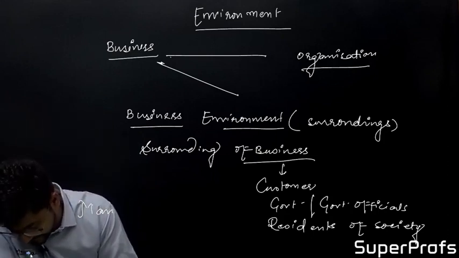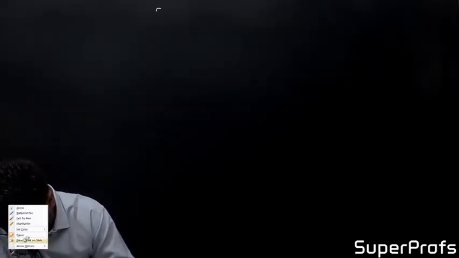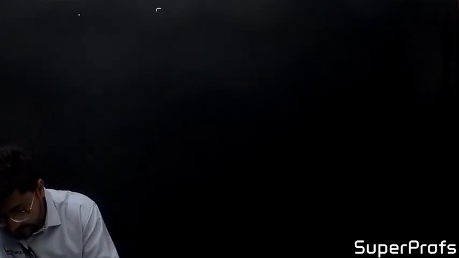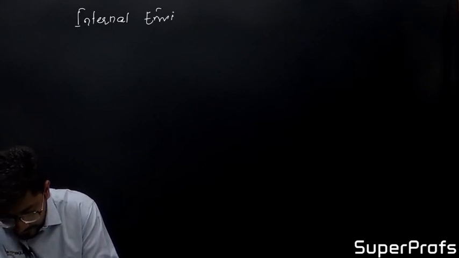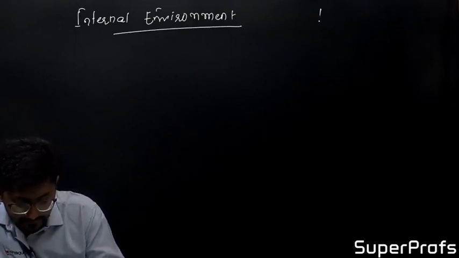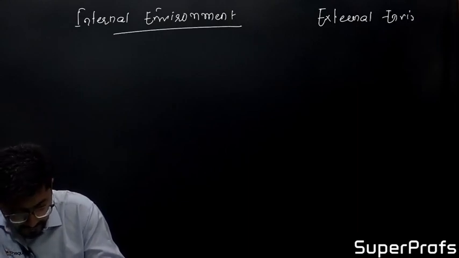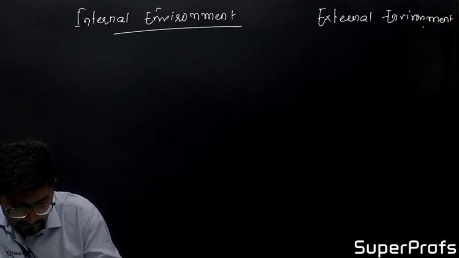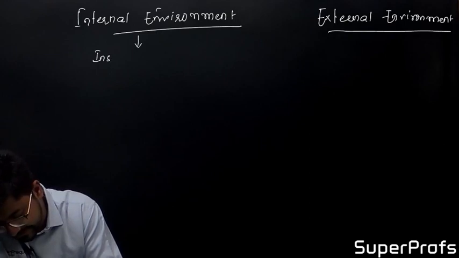Business environment comprises many factors: internal factors, or we can say the internal environment, and the external environment. First look at what the internal environment is, and what the external environment is. Internal environment is the environment inside the organization.